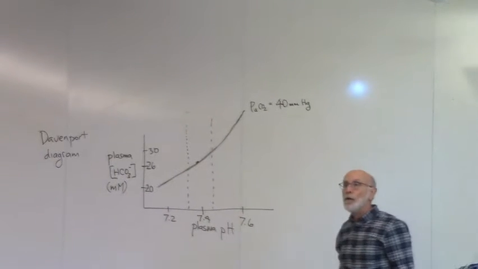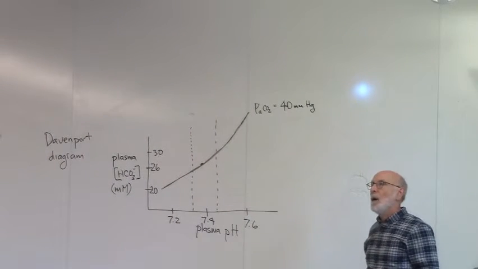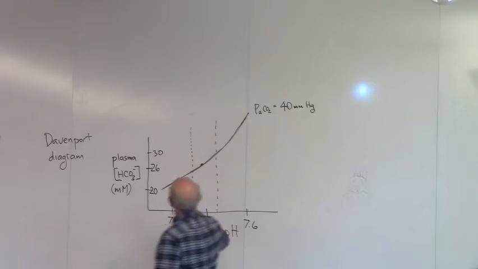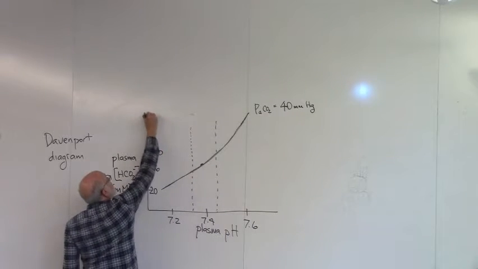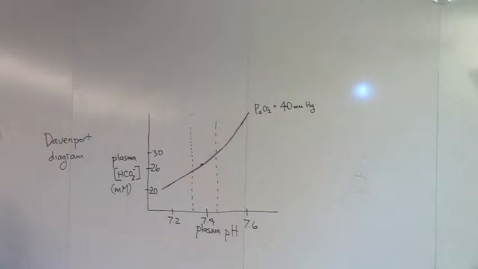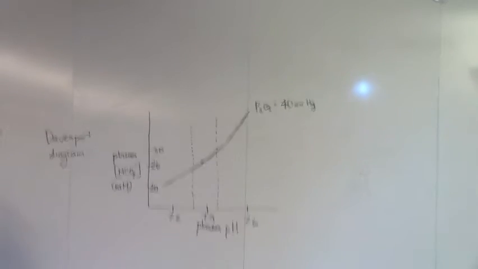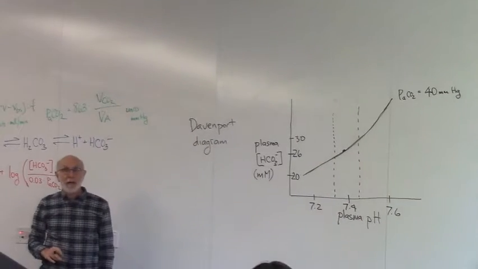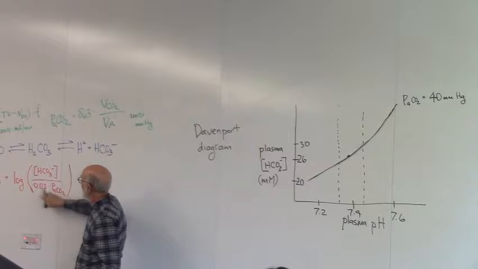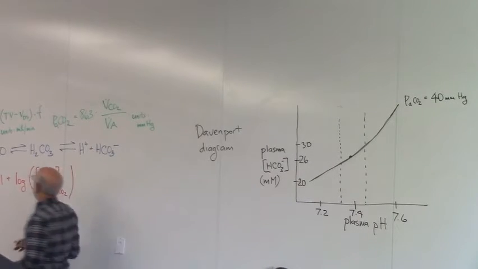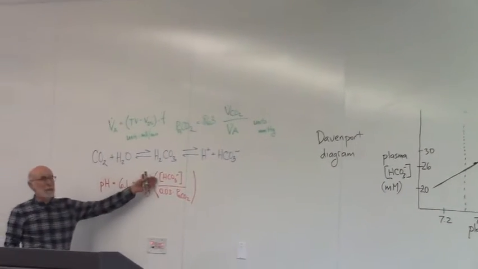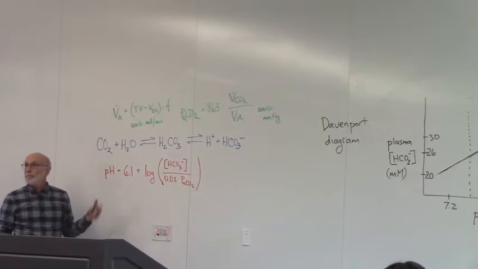Okay, so this is the curve that we are working on in terms of respiration when we have an arterial partial pressure of CO2 of 40 millimeters of mercury. So this number becomes a number, this number becomes a number, and now we have a simple equation that relates bicarbonate with pH.